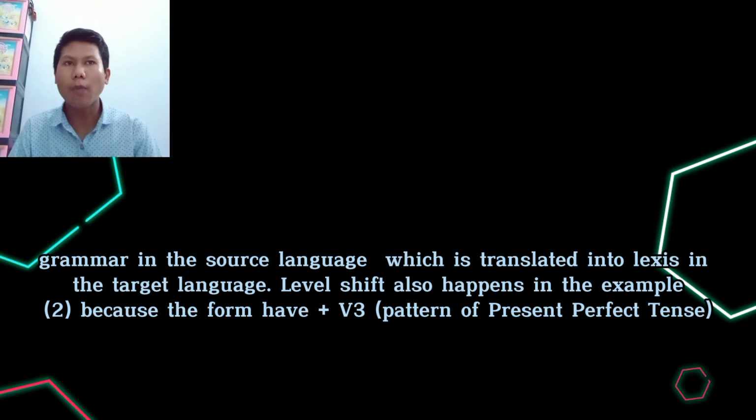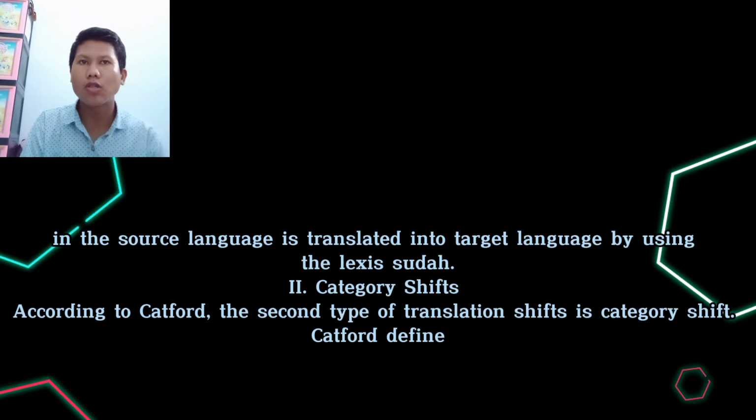Level shift also happens in example 2, because the form have plus past participle, or the pattern of present perfect tense in the source language, is translated into the target language by using lexis.